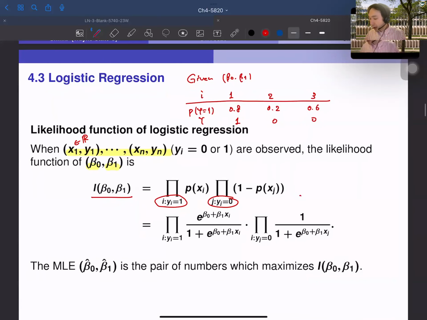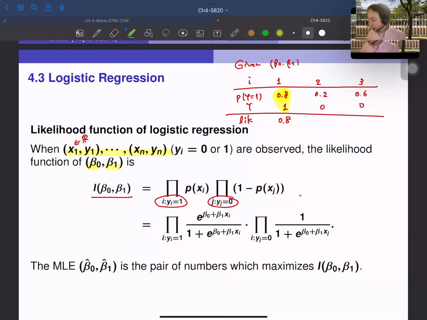At first, think about this observation: the probability of y equal to 1 is 0.8, and actually y is 1. So in this case, the likelihood is 0.8. And next one, our probability of y equal to 1 is 0.2, but actually y is 0.